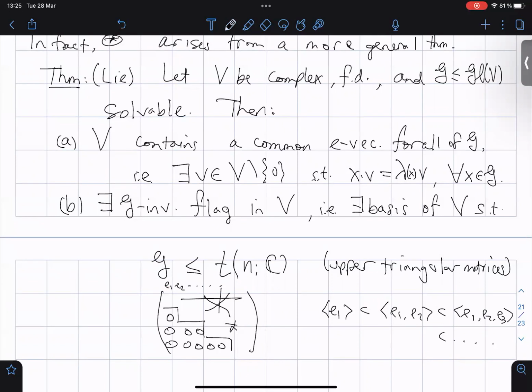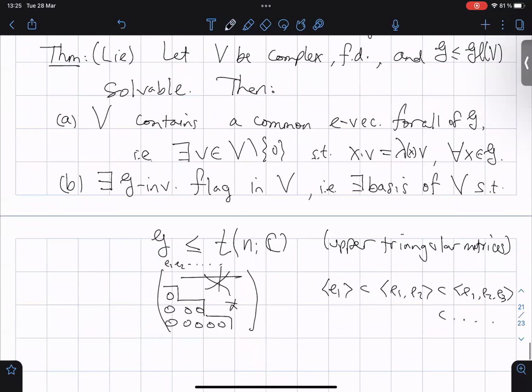Okay, but this idea of having a common eigenvector leads to this corollary that generalizes the one that we stated for the abelian case. So let G be complex solvable.